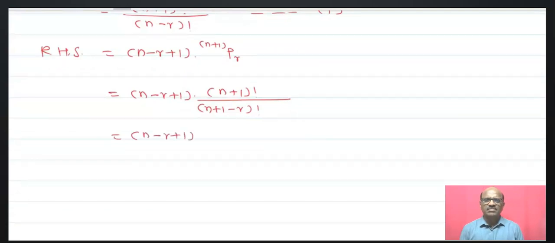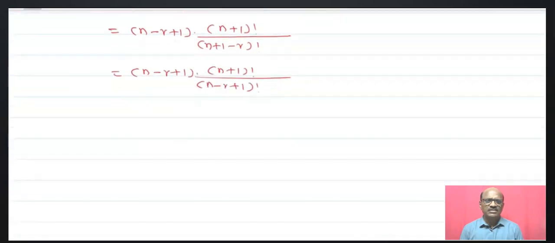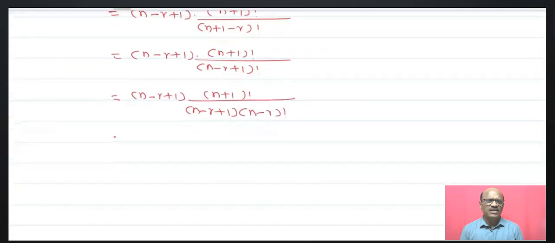Therefore (n minus r plus 1) into (n plus 1) factorial upon (n minus r plus 1) into (n minus r) factorial.